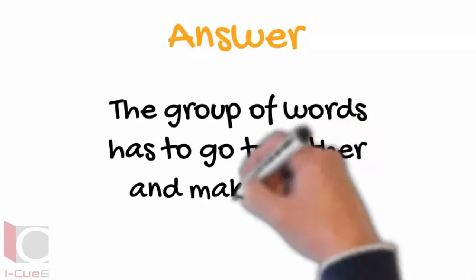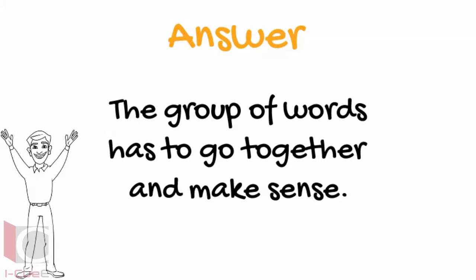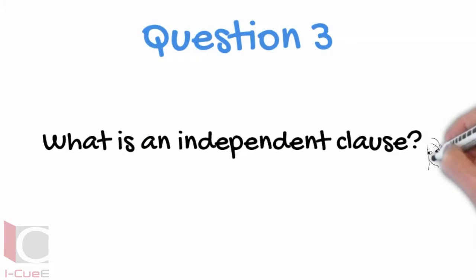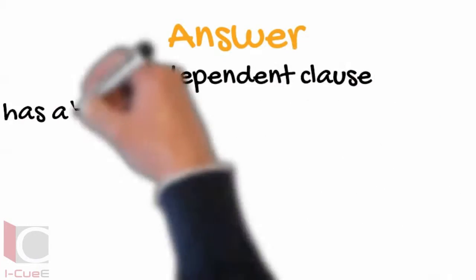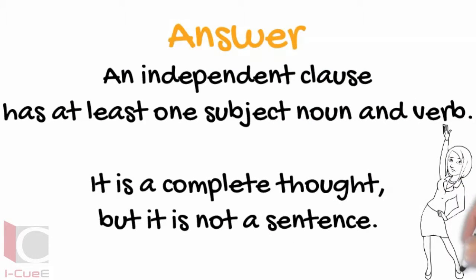The group of words has to go together and make sense. What is an independent clause? An independent clause has at least one subject noun and verb. It is a complete thought, but it is not a sentence.